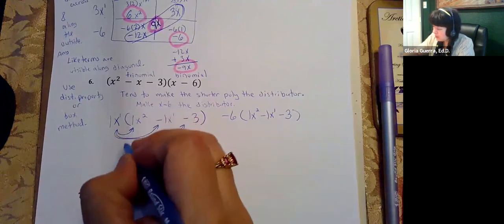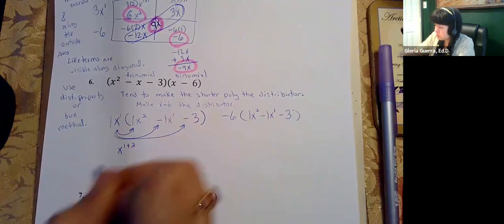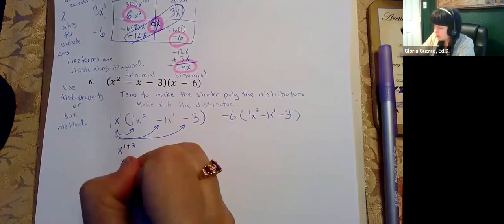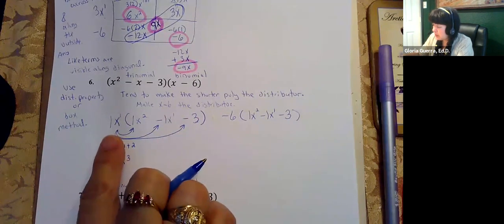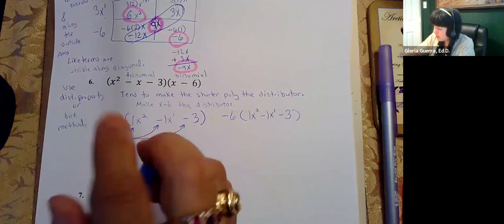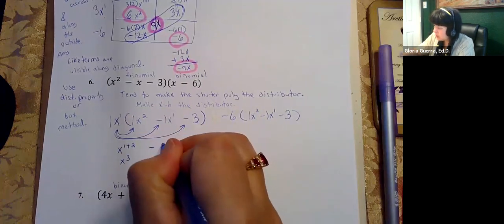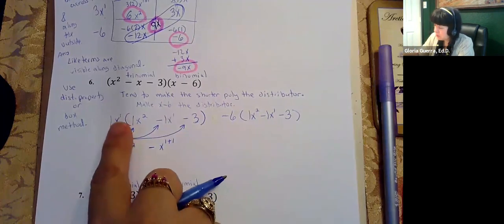And then you keep the base and you add the exponents, right? 1 plus 2 gives you x cubed, okay? 1x to the first power times negative 1x. So positive times a negative is a negative. And then the x, you're keeping the base of x and you're adding these little exponents.